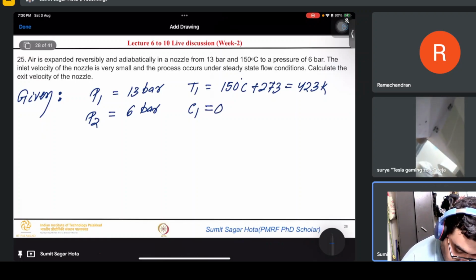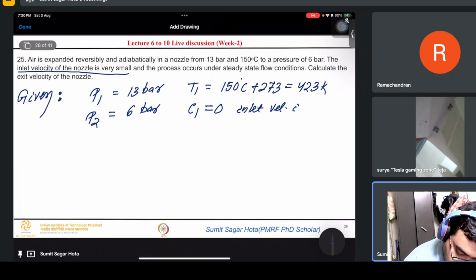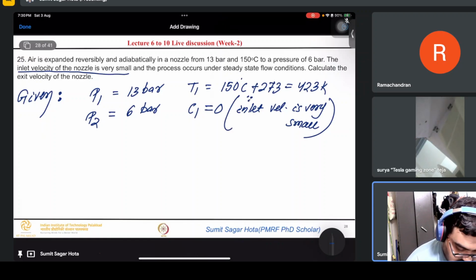Why? In the question, the inlet velocity of the nozzle is very small, so we are assuming it as 0. We have to find out the exit velocity.